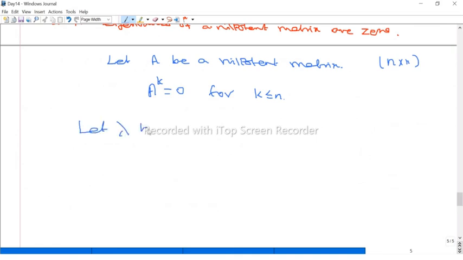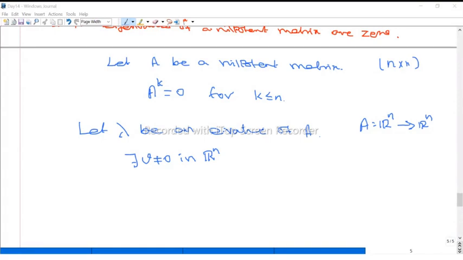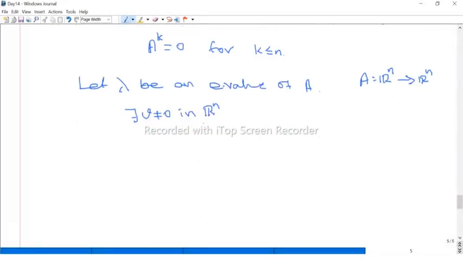Let lambda be an eigenvalue of the matrix A. By the definition of eigenvalue, there is some non-zero vector V in R^n, since A is a linear transformation from R^n to R^n, such that AV equals lambda V.